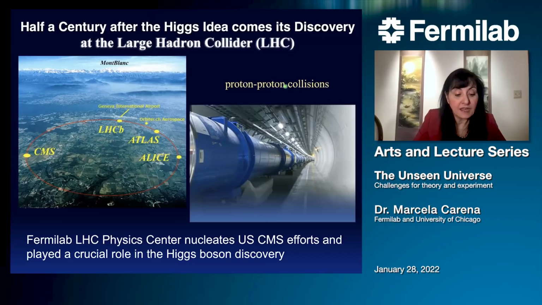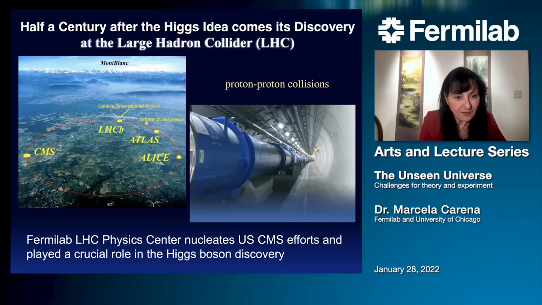So to make a discovery of this magnitude, it took half a century, and building the Large Hadron Collider, we call it LHC, the most complex, most expensive, and largest machine ever built by mankind. The LHC, as you see it here, is in Geneva, Switzerland.